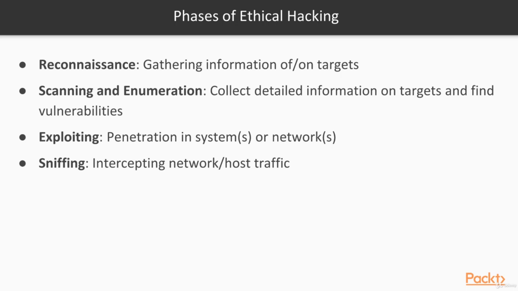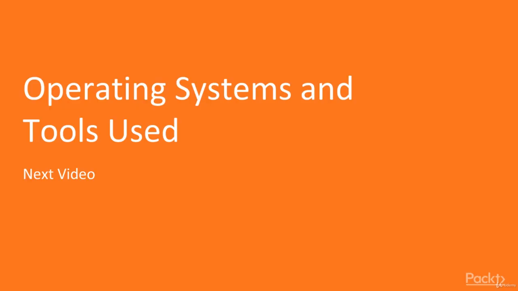And finally, we exploit those weaknesses and we penetrate in the system and or networks or devices. And once we're in, we can do something called sniffing. Sniffing is where we intercept network or host traffic. In our next video, we're going to be taking a look at operating systems used in this course.